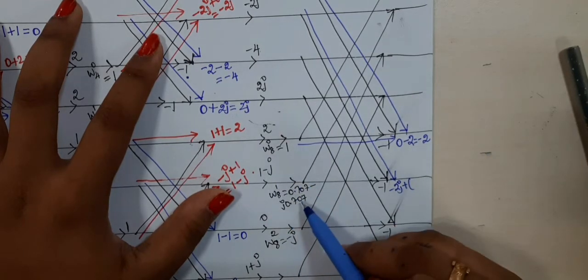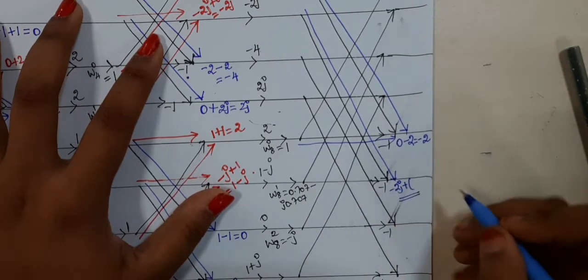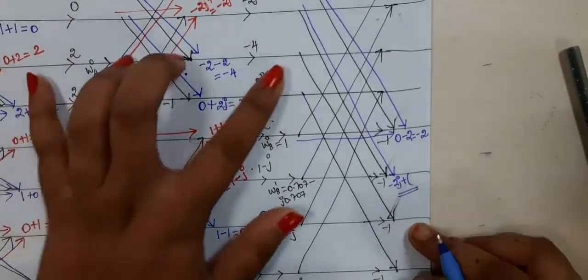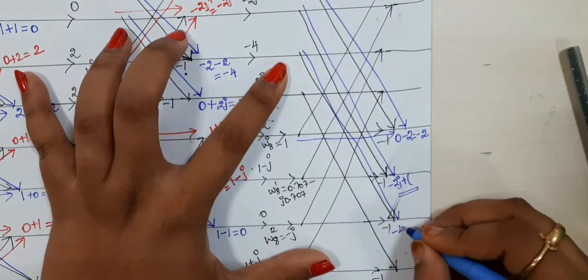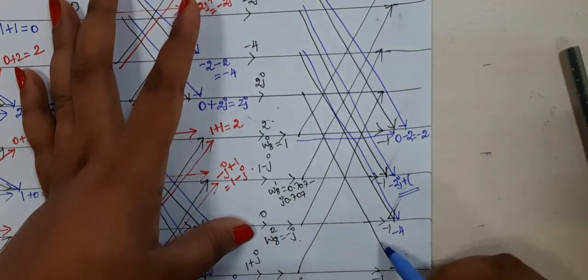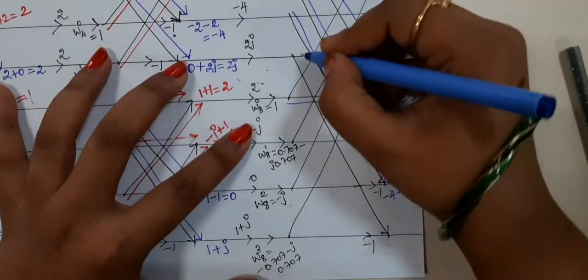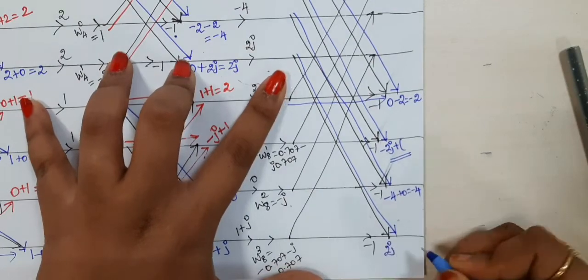1 minus j into 0.707 j 0.707 into -1. This one I will do as a separate calculation. And here, let us complete this down arrow. This is -4, and what is the value? Something into 0 will be 0 only, so the value will be -4. And here again the down arrow, so the value is 2j.